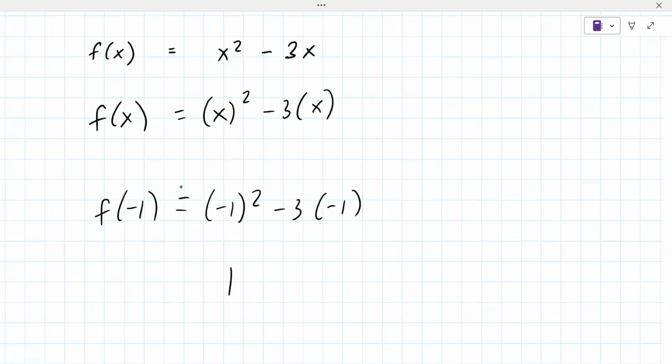Minus 3 times -1 is 3. It depends how you look at this, but this ends up being +3.